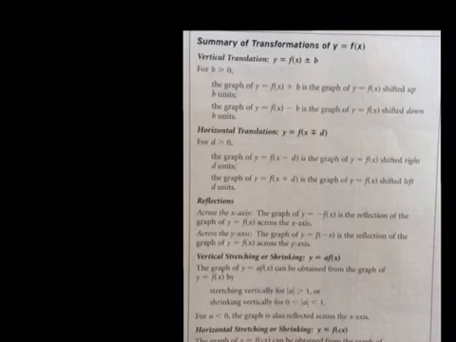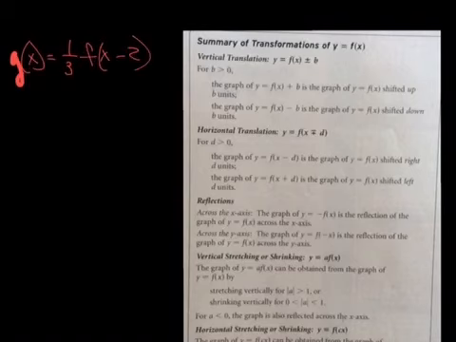So if I have something like g of x equals 1/3 f of x minus 2. Okay, they give you a problem like that. What you're going to do then is you're going to look at this fancy-dancy little sheet here and see what's being done to the f of x.